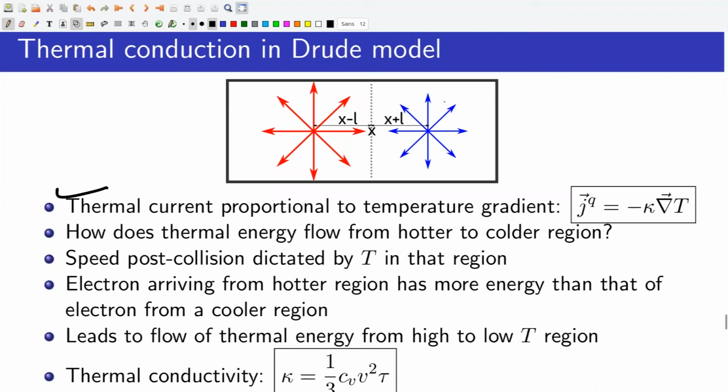And in the cooler region, electrons will emerge with a lower velocity after every collision. So that means electrons crossing this plane from the hotter region will have more kinetic energy than the electrons crossing from the cooler to the hotter region. As a result, there will be a net flow of thermal energy from the hotter to the cooler region.